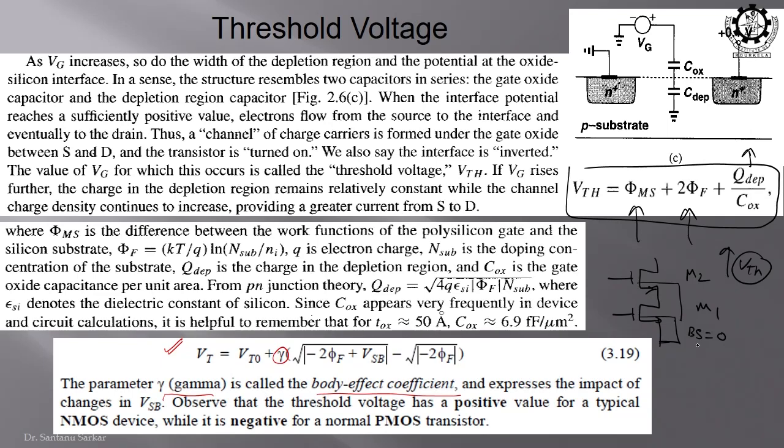Because its bulk is 0, but its source is at higher potential, so it is having a VSB, and that VSB will modulate the threshold voltage, clear.